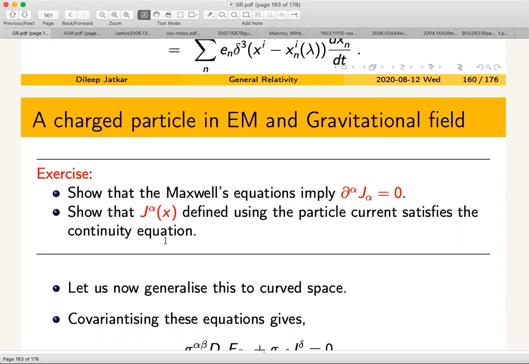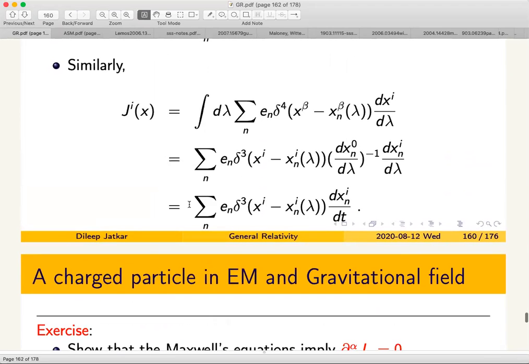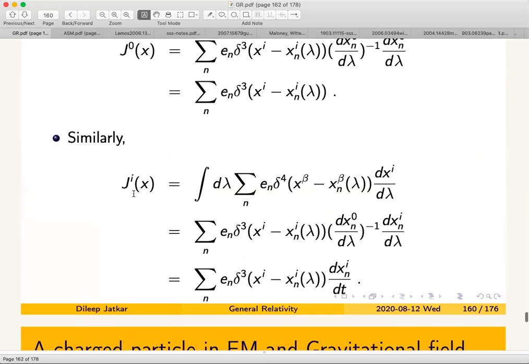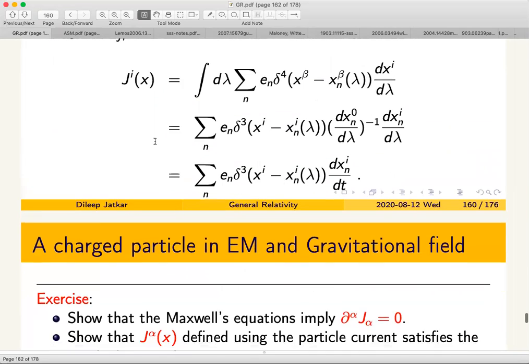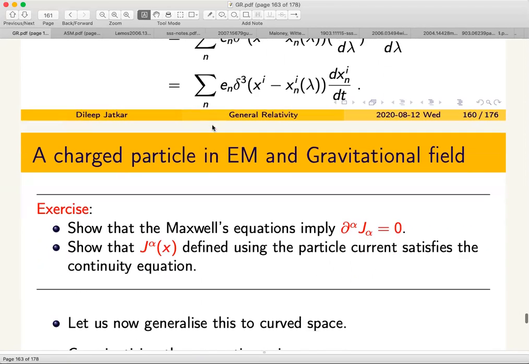You can also show that the currents that we had written down just now, this is a spatial component of the current, and this is the charge density piece, is in fact something which satisfies the continuity equation, namely del alpha of j alpha is 0 for this definition. Okay.